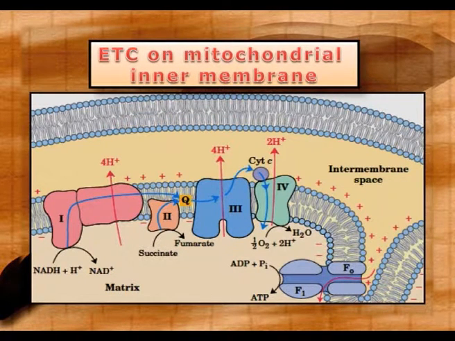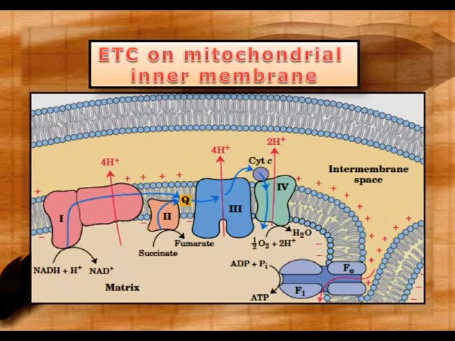It is only permeable to carbon dioxide, water and oxygen. But there are many transporters present in the inner mitochondrial membrane, and these transporters allow the passage of specific molecules from the intermembrane space to the matrix and vice versa.